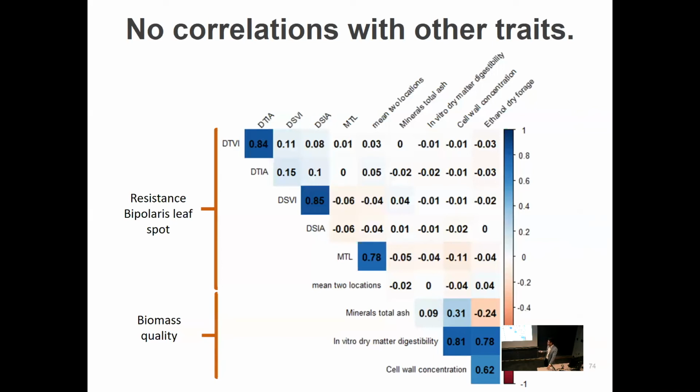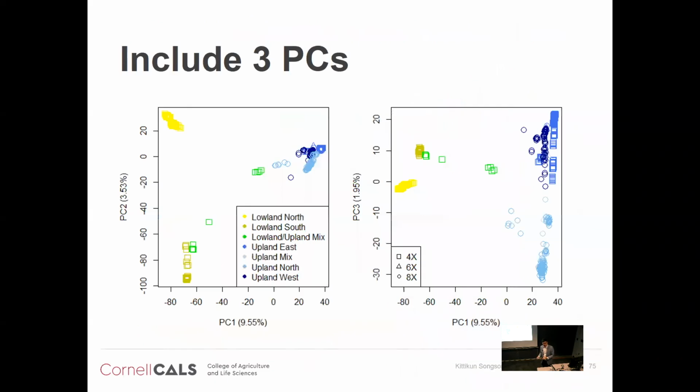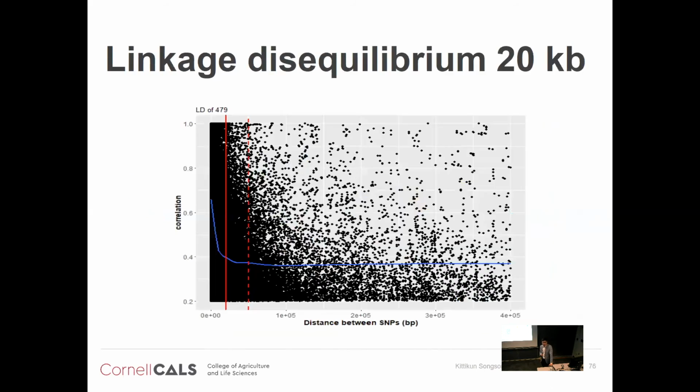So given that there's no correlation, the way I fit the GWAS was to fit each single trait by itself, or a combination of lots of traits. I also include the first three principal components, which explain around 15% of the variation in this population, and use a kinship matrix as a random effect too.